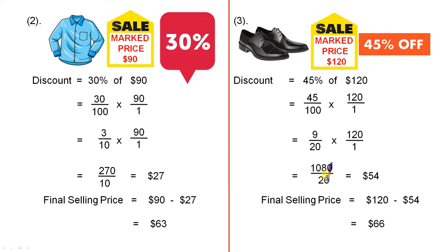So that basically gives you 108 over 2, and that's $54. So the discount is $54. So the final selling price will be the marked price minus the discount, and that will be $66.